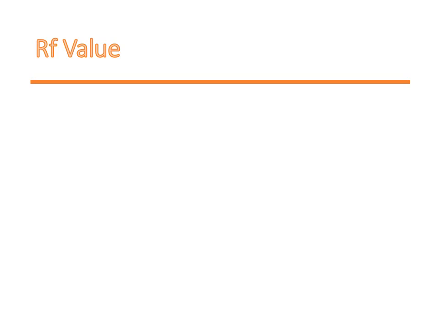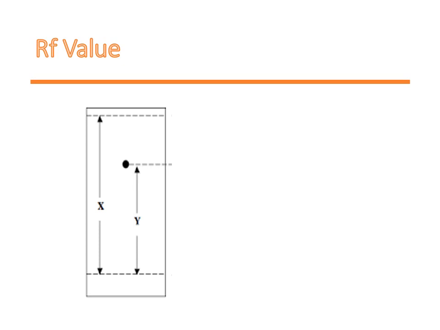Once the spots are developed, in paper chromatography we have to calculate the retention factor, that is the RF value. This RF value is a very important parameter employed in the identification of the compound. This can be clearly seen from this. Let us understand, this is one of the papers on which the sample has moved. This spot indicates the sample.